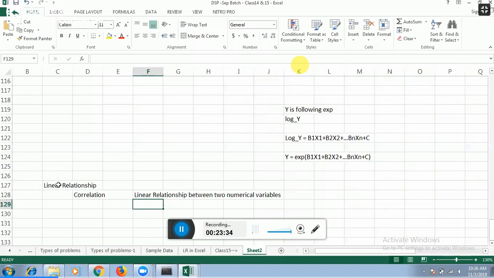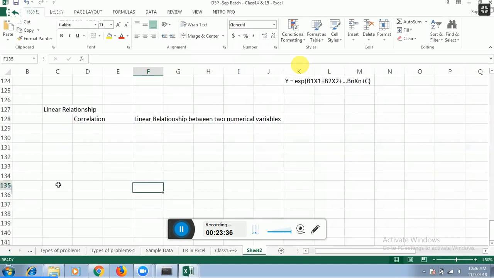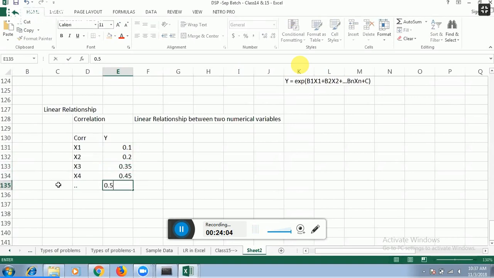In this case, what we need to do is check the linear relationship between your y and x. How can we check it? You should have your y and your x1, x2, x3, x4, etc., and calculate the correlation. For example, you got 0.1, 0.2, 0.35, 0.45, 0.55. What does that mean?